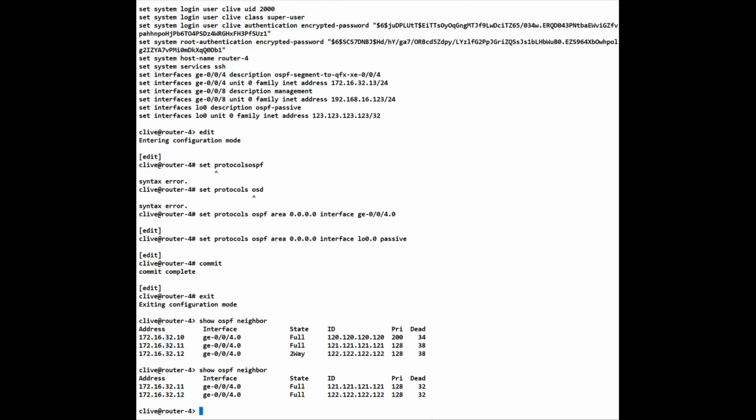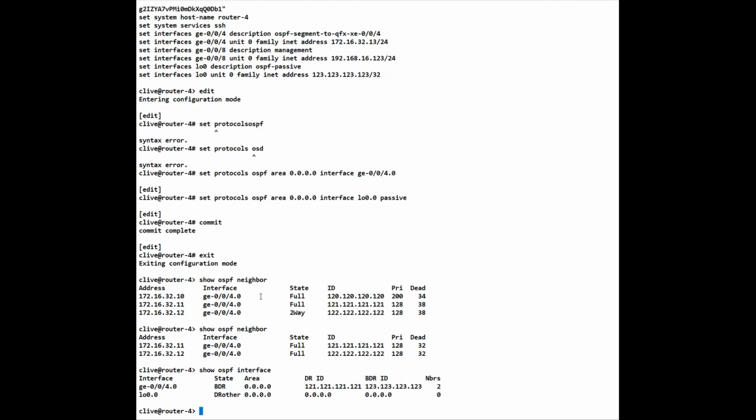Now we have a full, and that's because we only have 3 systems, but we need to do a show OSPF interface. So now this system has become the backup designated router. The designated router has become 121 from 120. That will be router 2.